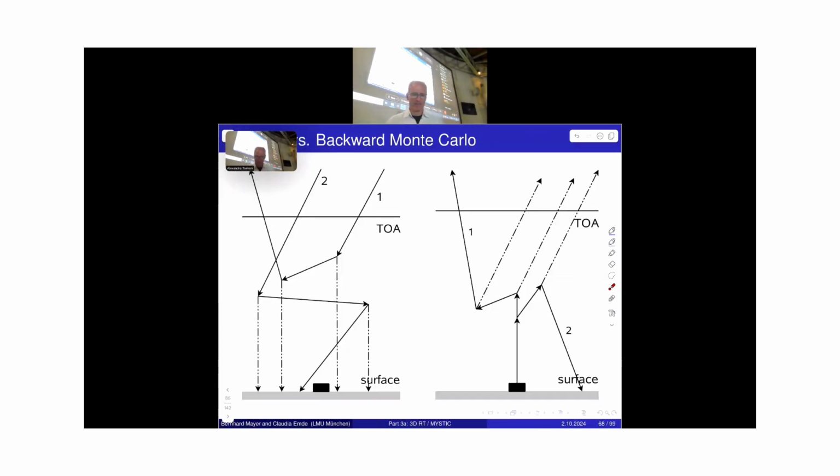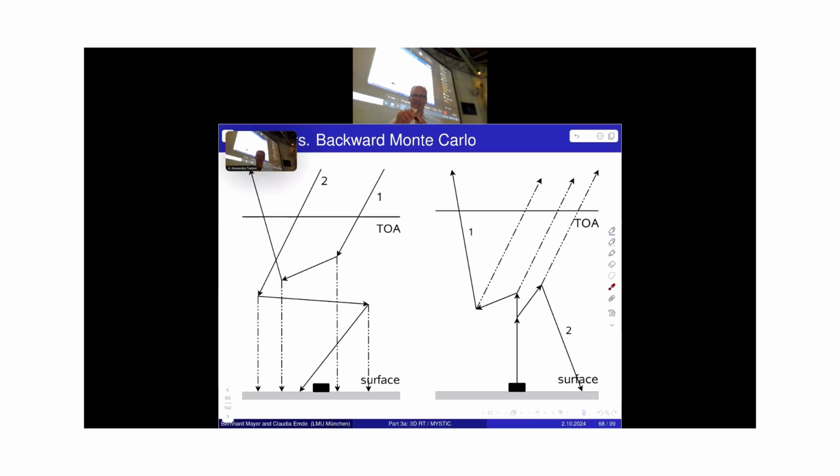The problem is you have a location plus a direction, and here it becomes really hard. In order to force photons into the LiDAR with multiple scattering: single scattering is easy because upward scattering gives you a contribution.